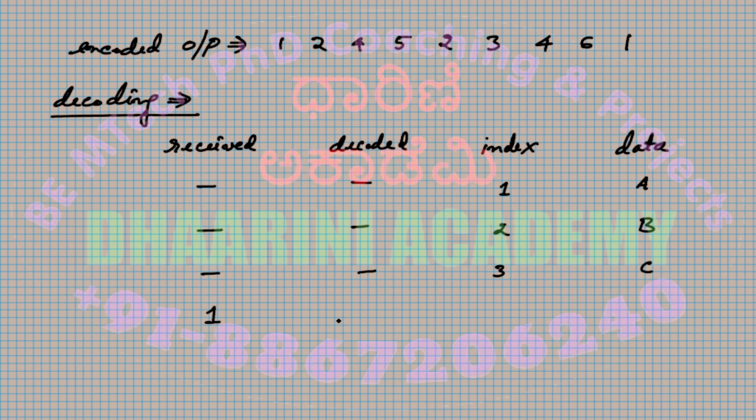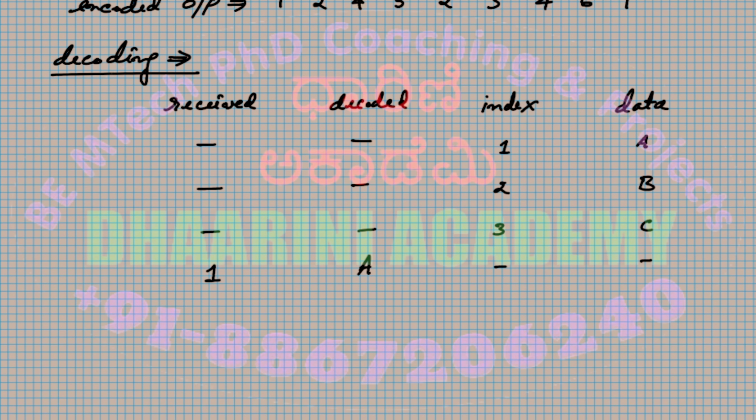One corresponds to what you see here, so it's A. Now I don't have to write anything here. You're not updating the dictionary, because one already exists. So I'll go to the next step. The next data received is two. I will check whether it exists. It will exist, so corresponding to that you write P. So this is the updated.